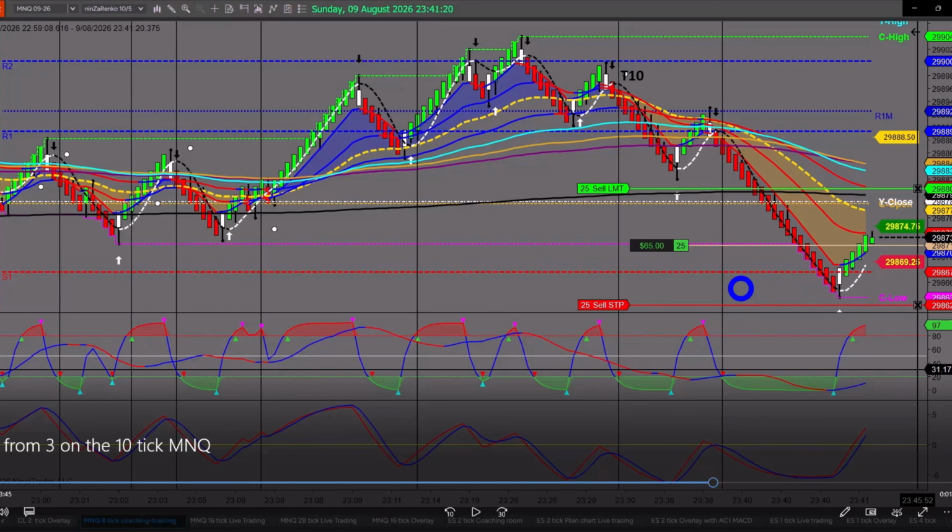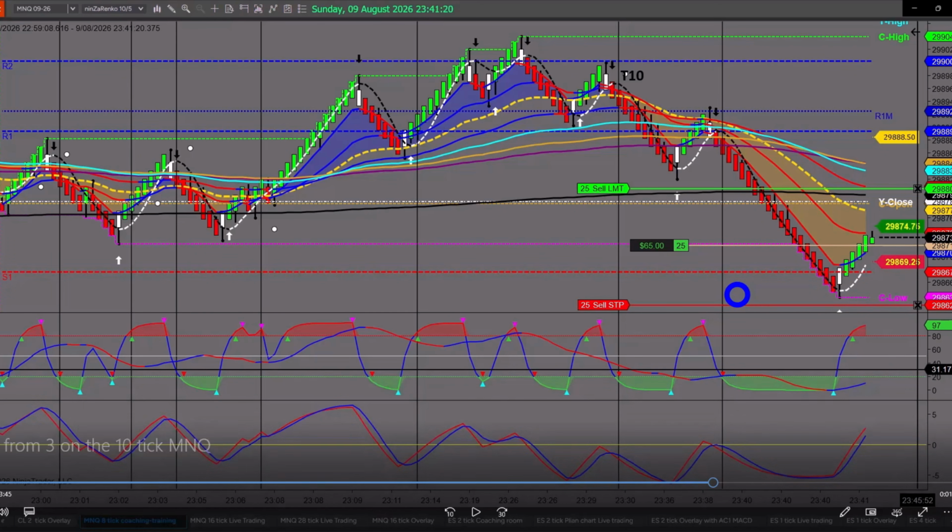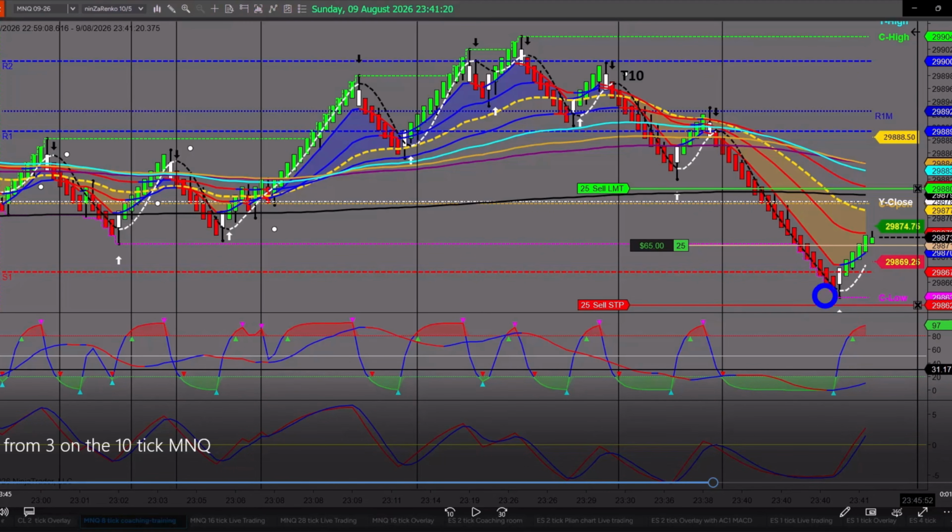Now I discovered some years ago a little, well, I don't want to say it's mathematical, but it is in a way. From the high of the lowest candle vertically to our major gold EMA, if we are so many ticks away, we don't need to have any divergence, and it's a very high probability trade where we will come up and as a minimum hit the 34 EMA, which is the gold line.